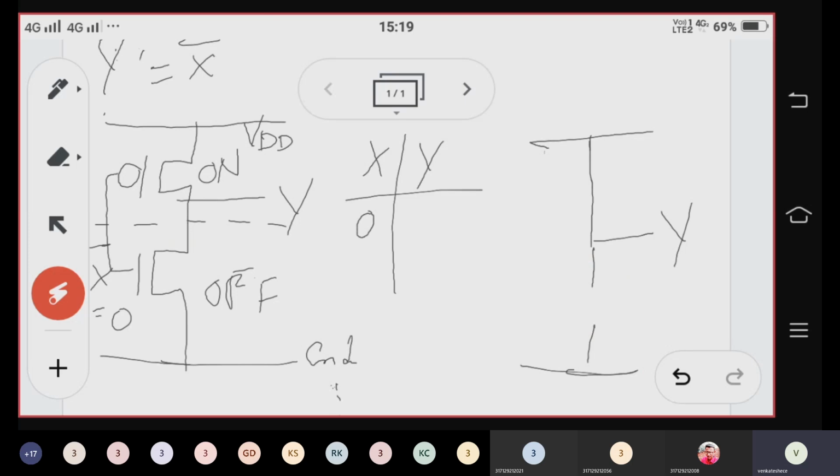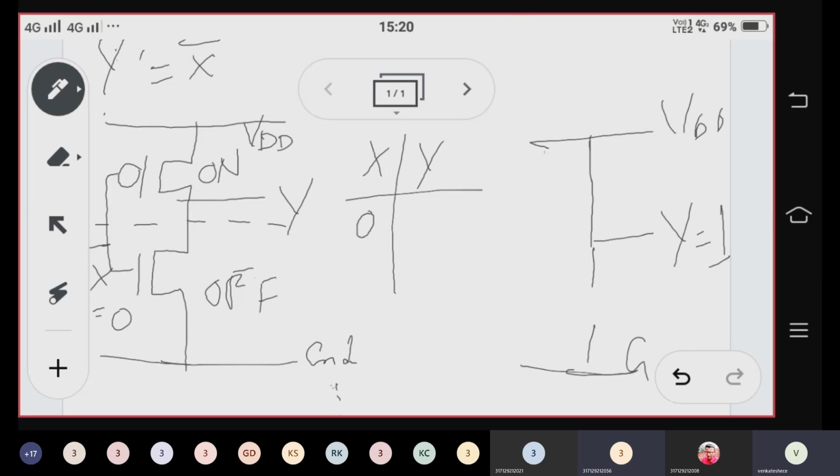Now our output is connected to VDD. So what is the output value? It is equal to 5 volts, which represents logic 1. So whenever we are giving X equal to 0, I am getting output equal to 1.